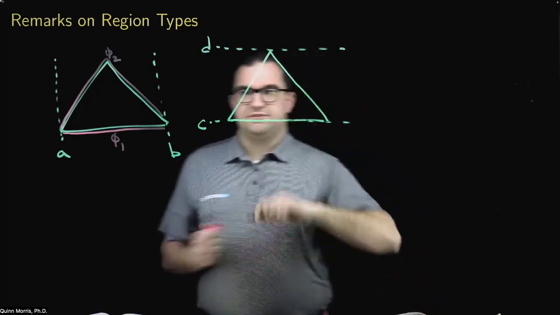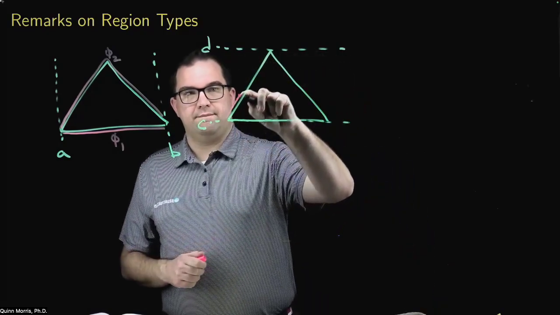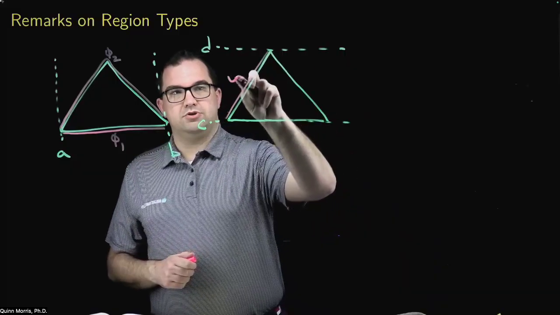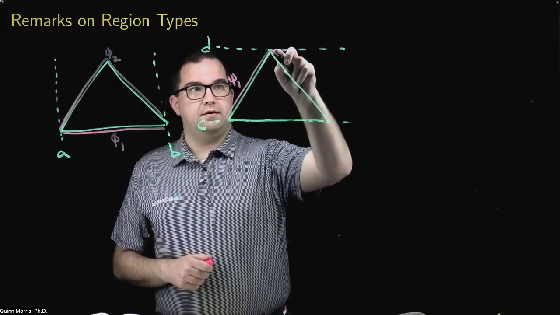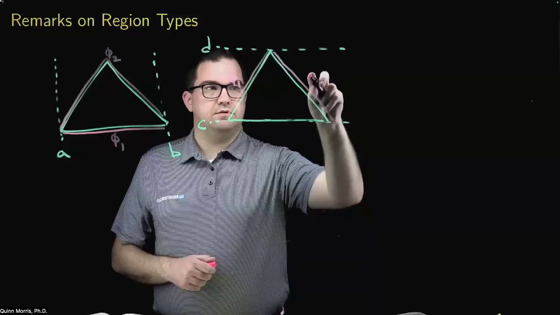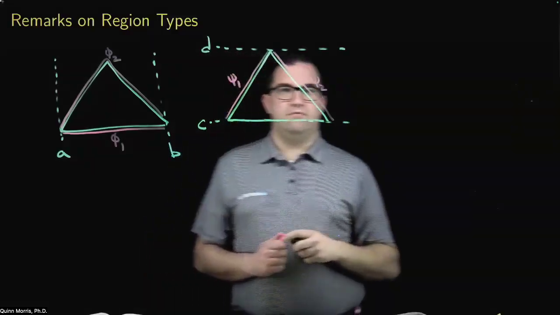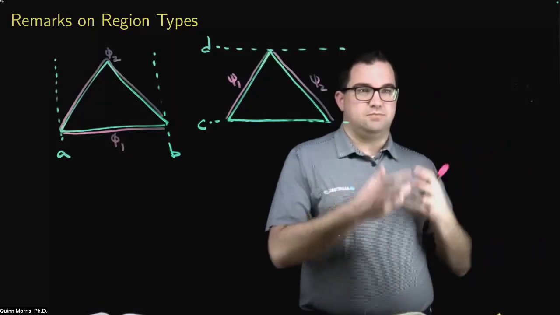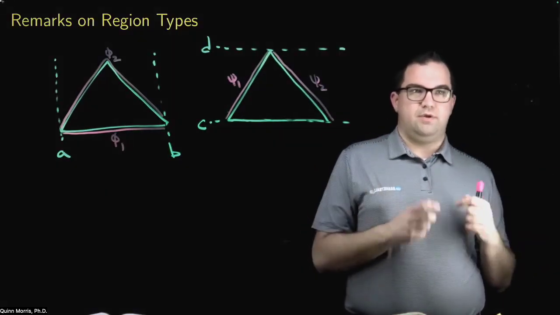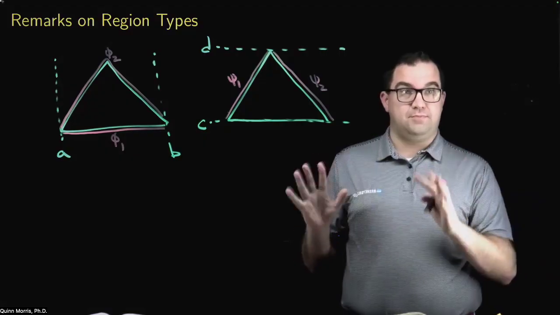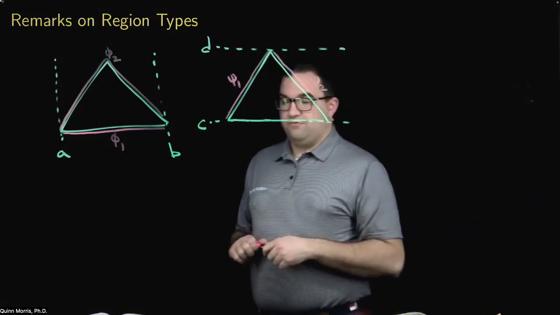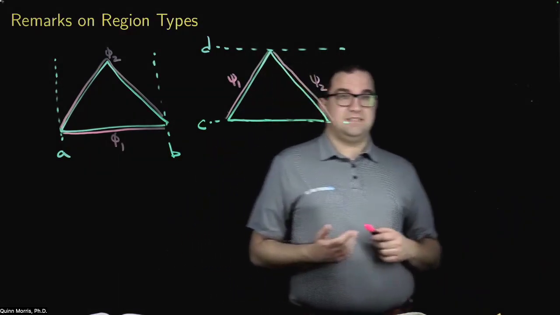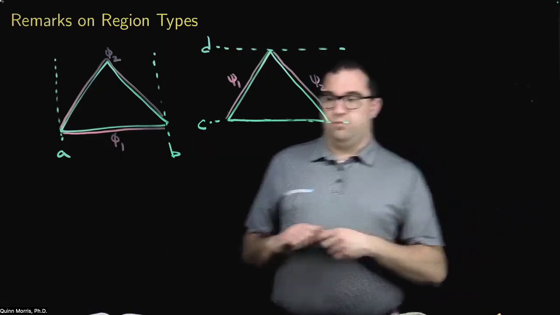And then my x values are bounded between some lower function psi1 of y and some upper function psi2 of y. So the first point is that type 1 and type 2 is not some sort of disjoint classification where things are type 1 or type 2. Furthermore, it's not the case that every region has to be one or the other.